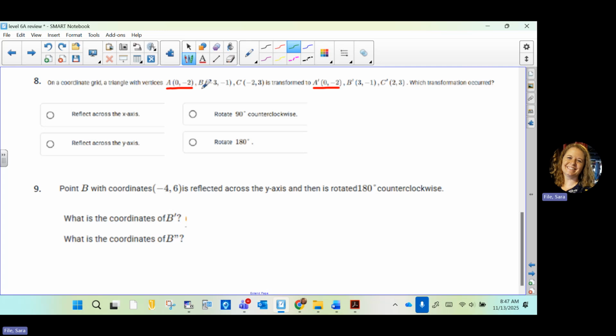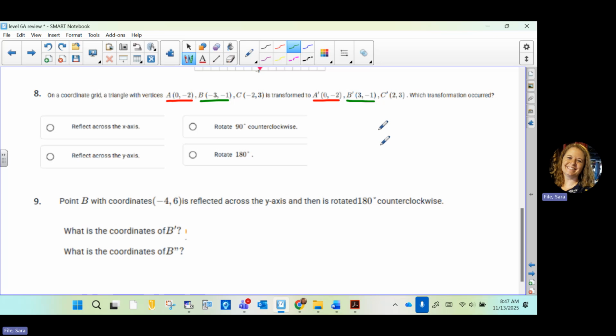So let's look at the next one. B to B prime. The y didn't change. It stayed -1. But the x changed. Our x went from negative to positive. So the x changed signs. The y stayed as is. Let's see if that's the same rule for the last one.